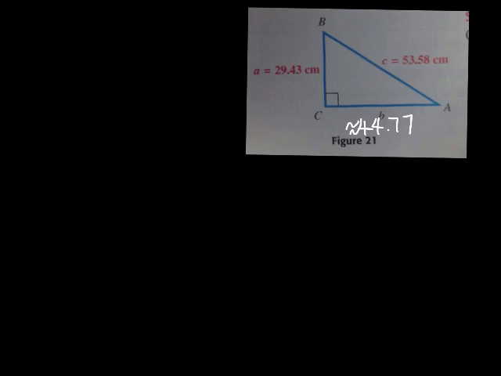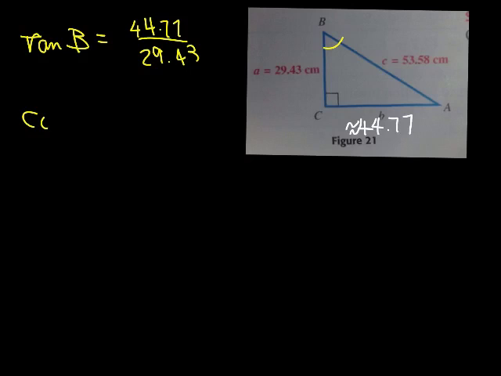All right, so now we've got two angles to find. But it's pretty easy to find these angles. Let's start with b, because we can use any trig function we want because we know all three sides of the triangle. So we can take the tangent of b, and that is opposite, which in this case is 44.77, over adjacent, which is 29.43.